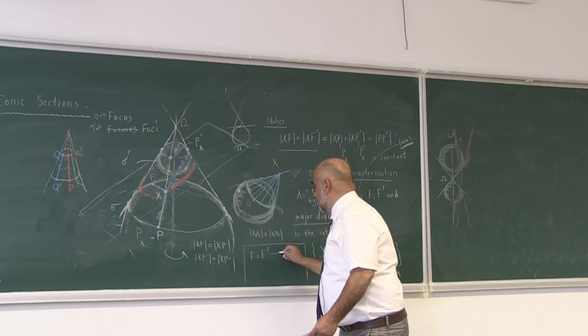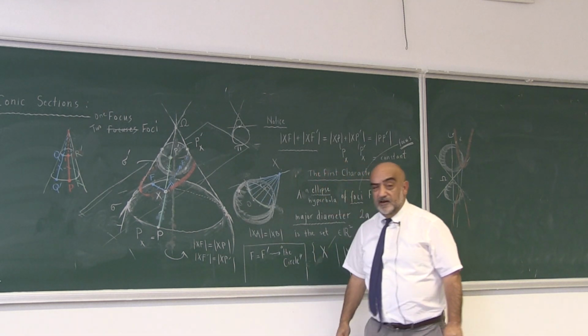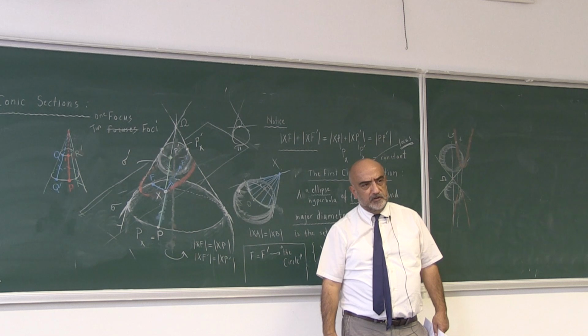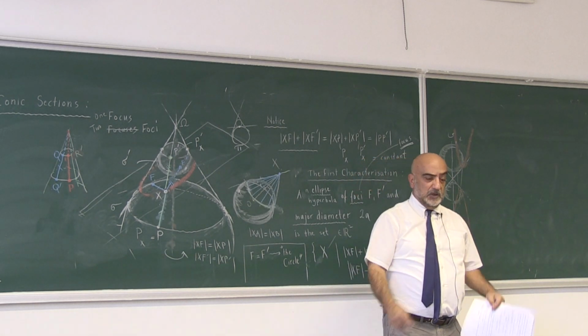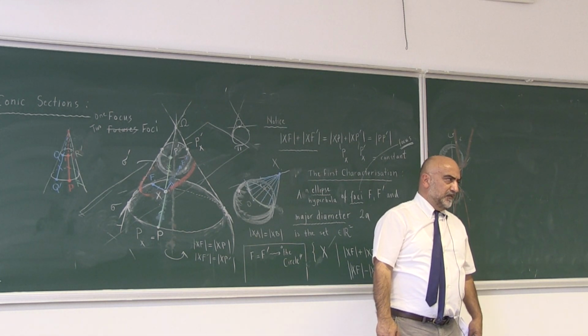This gives rise to our well-known circle. So the circle obtains like this. This characterization gives you the ellipse. This gives you the hyperbola, and as a special case, this very round ellipse in which the two foci coincide. That's your circle.